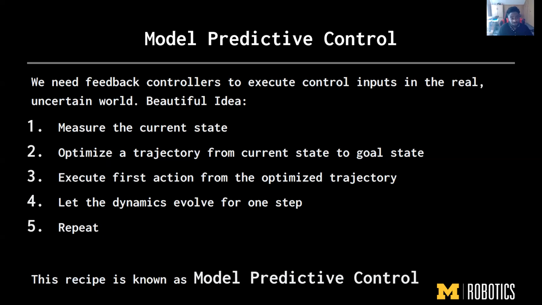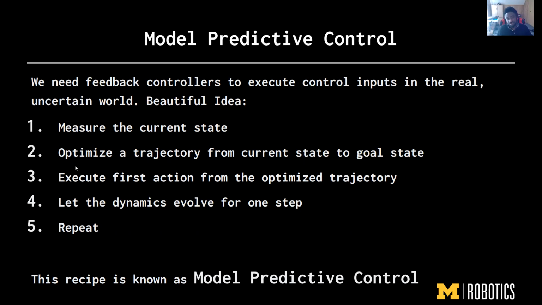If you've done a lot of robotics research, or if you work in planning, model predictive control is the same as replanning, but in the context of controls. How it works is that you first measure the initial state of the system, and then you perform trajectory optimization from your current states to some goal states.